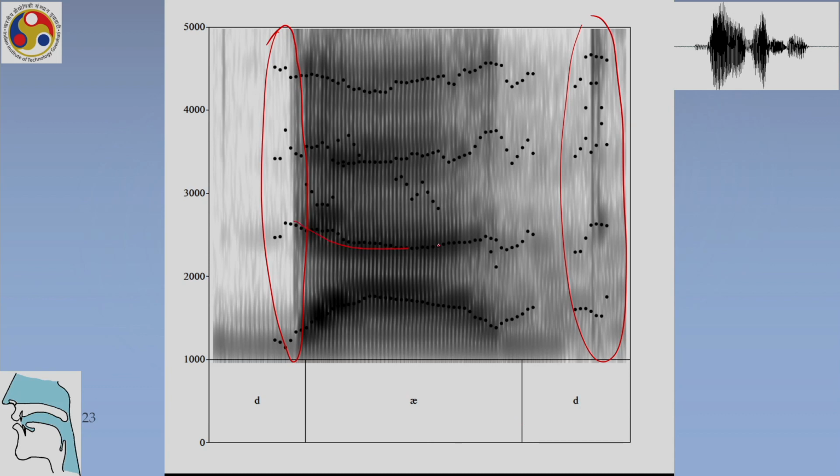F2, now you can see, is not like bab, it's level but it's going a bit up. F2 and F3 are like this, whereas if you recall, for bab F2 and F3 were like this.